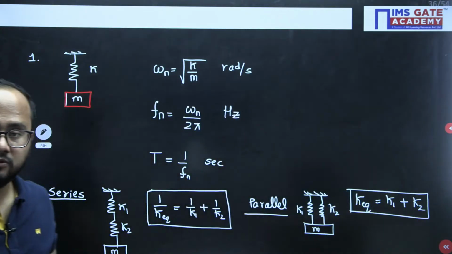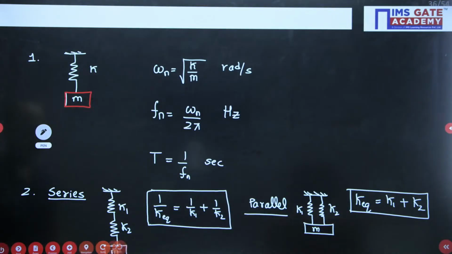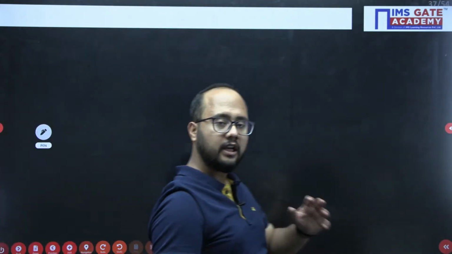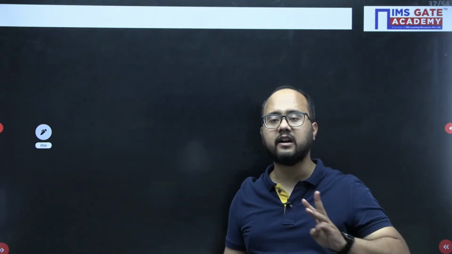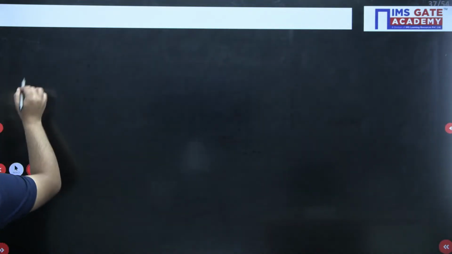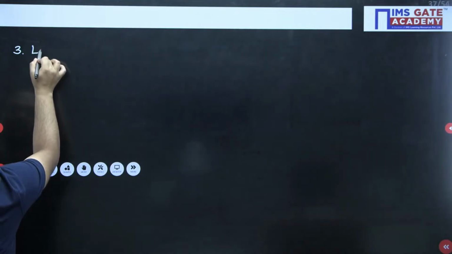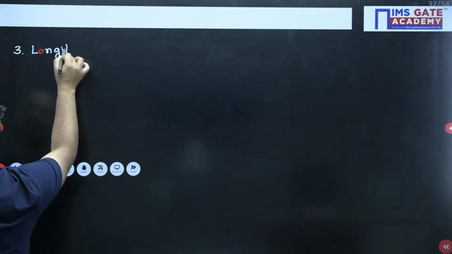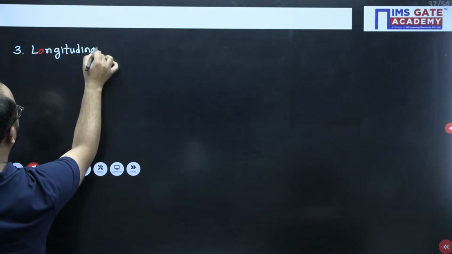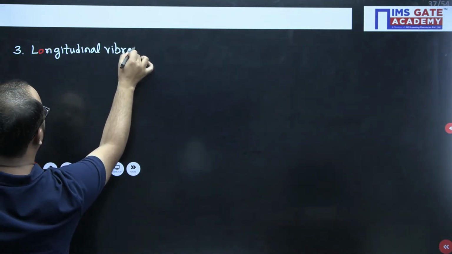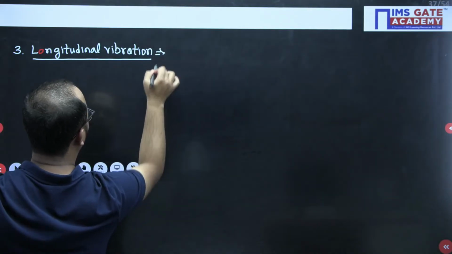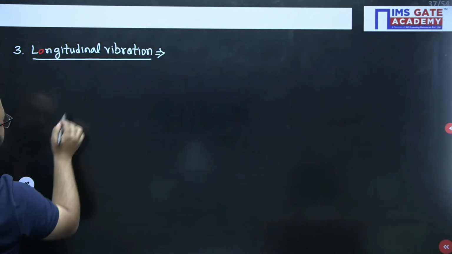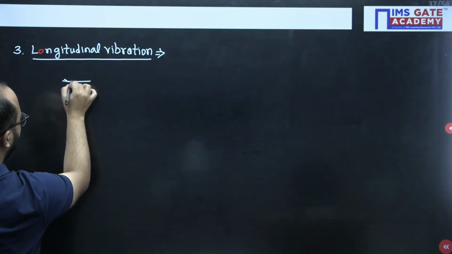Now, next is the different kinds of vibration that we have: longitudinal vibration, transverse vibration, torsional vibration. These are the three standard forms of vibration that we can have. First of all, longitudinal vibration. Now see, in longitudinal vibration, what happens here?